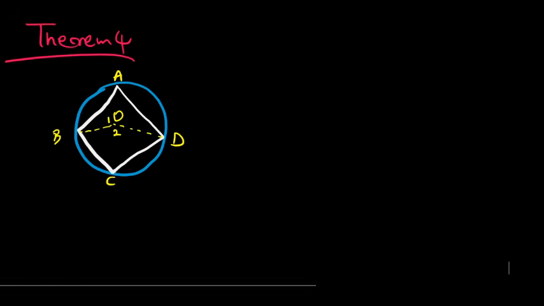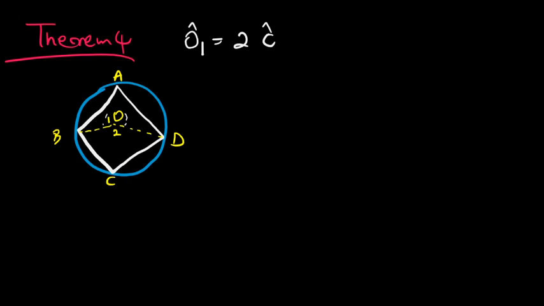So what's happening here? What we can see is that angle O1, which is this part here that is outside, angle O1 is equal to twice angle C, which is this one here, right? So the reason for that is angle at center. So that's the reason for Theorem 3.